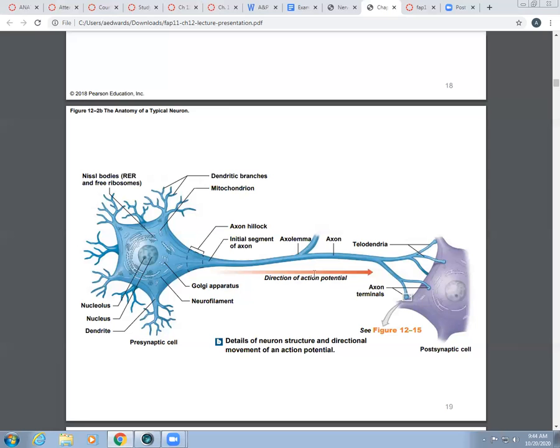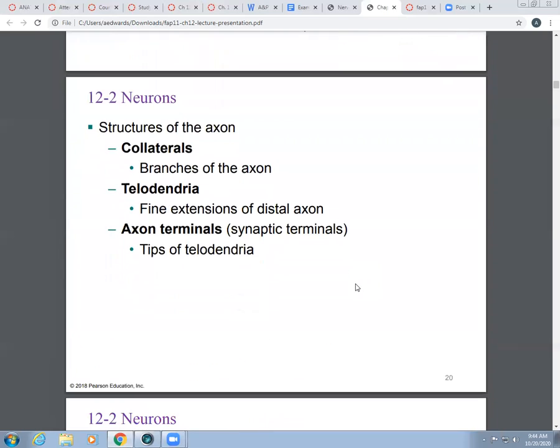It's the direction of the action potential. Axons can have branches, and we call those branches collaterals. Again, those extensions of the axon on the distal ends are telodendria, and then the tips of the telodendria are axon terminals or synaptic terminals.